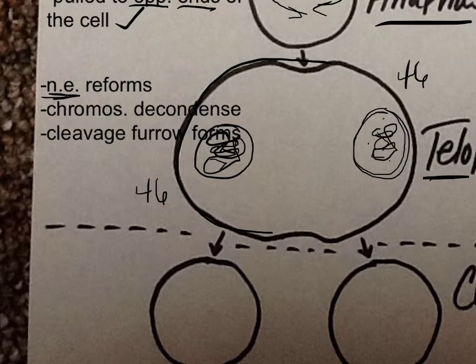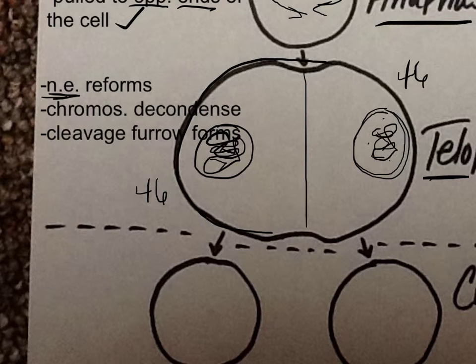The other thing that you're going to see too is that cleavage furrow, and this is right at the very end of telophase. It actually marks the end of telophase and the beginning of cytokinesis, but this cleavage furrow right here is going to start to form, and it actually forms exactly where that metaphase plate was, because again, remember, that's where it marks the literal cell division or separation of that cell.